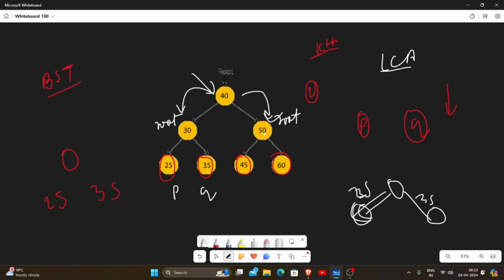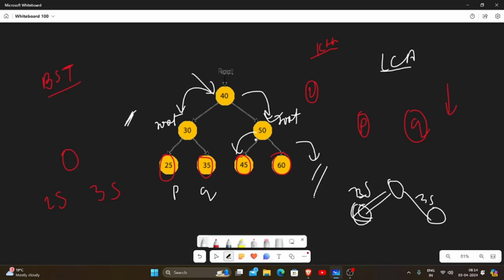When I came to 50, it is a similar situation to the prior example. Now I check whether 45 and 60 are greater than 50. We can clearly see 45 and 60 are not both greater than 50, and neither are both less than 50. Because if that were the case, I would have moved left, or if both were on the right subtree, I would have moved right.